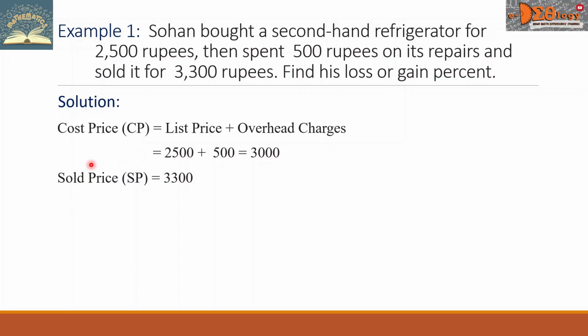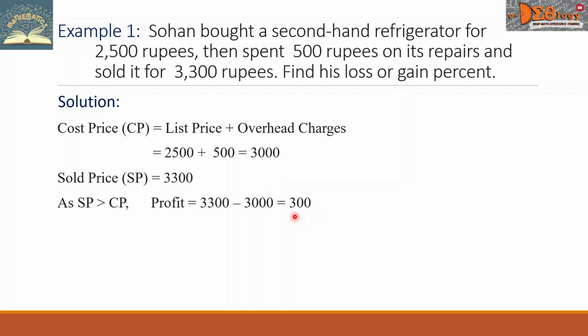In the problem, the sold price or the SP is given as 3,300. Now we can see that the SP or the sold price is more than the CP. That means we will get a profit. So we will compute this by the 3,300, the sold price, minus the 3,000, which is the cost price.